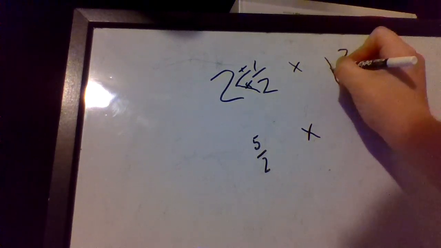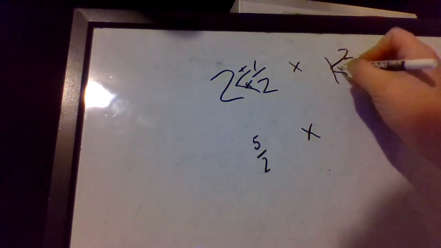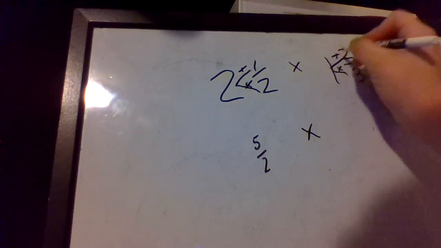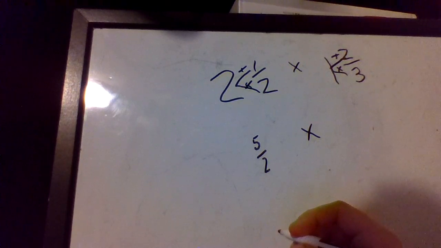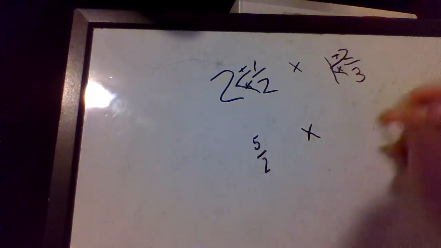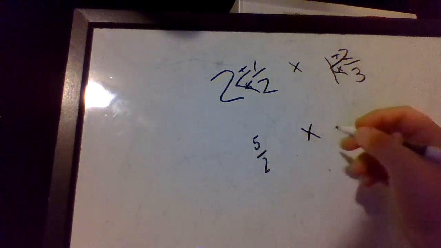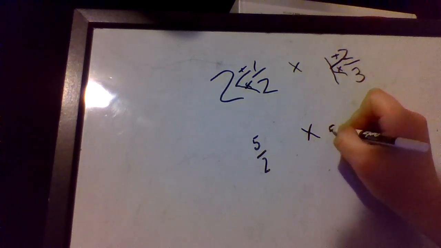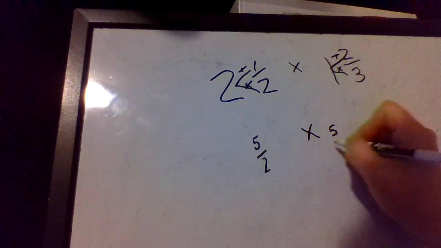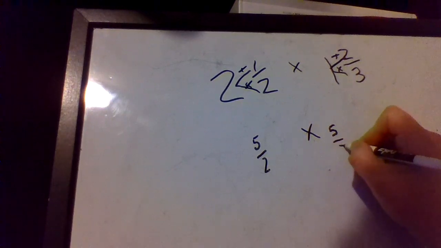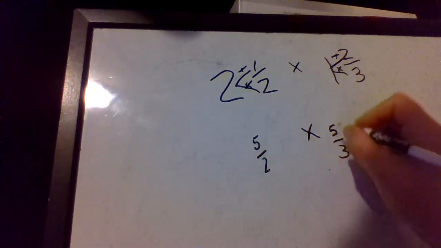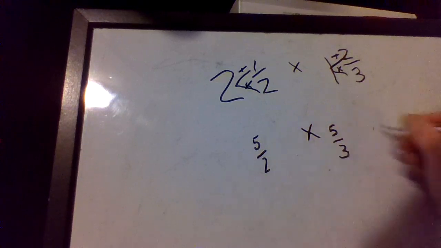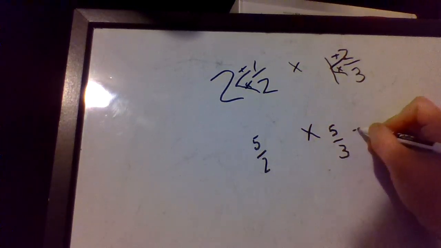We're going to go here and here. We're going to multiply, and then we're going to add. So 3 times 1 is what? 3. And 3 plus 2 is 5. So we've got 5 over 3. And interestingly enough, we have the same numerators here.